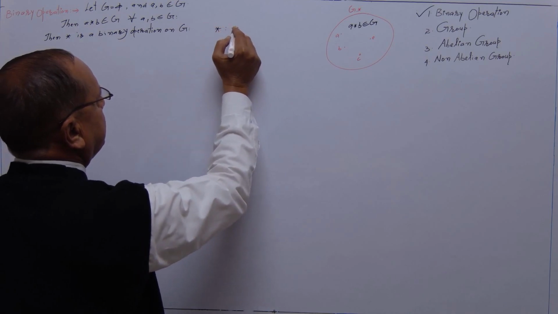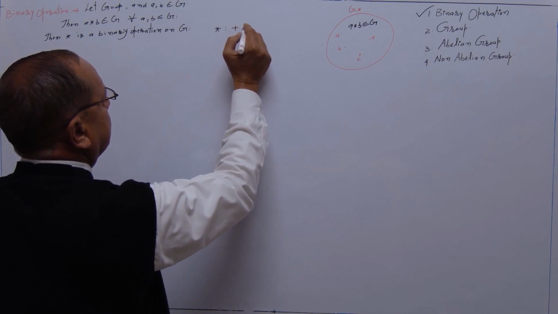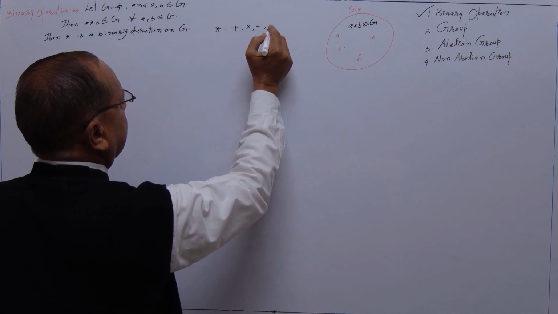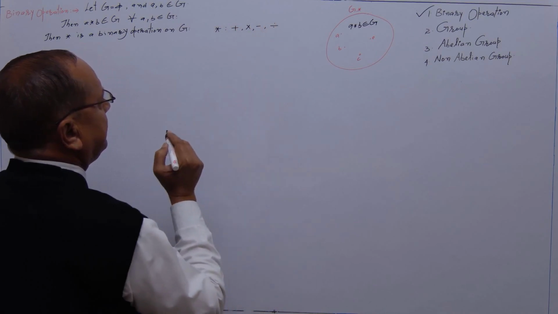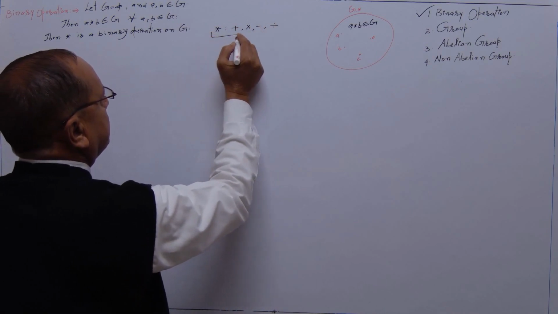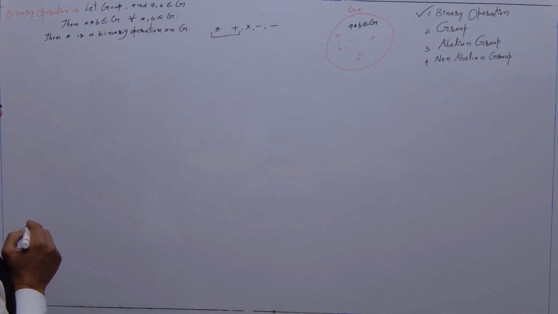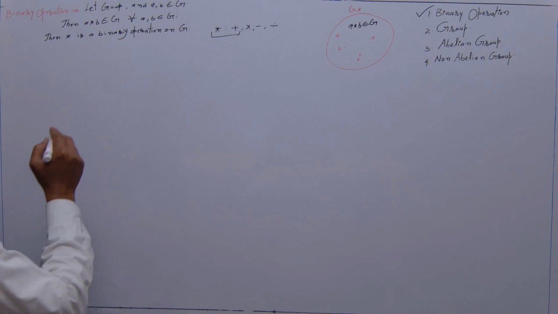It can be addition, it can be multiplication, it can be subtraction, and finally it can be division. So we shall study the first two of these mathematical operations.